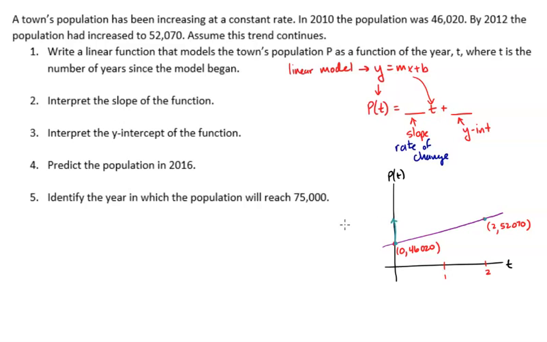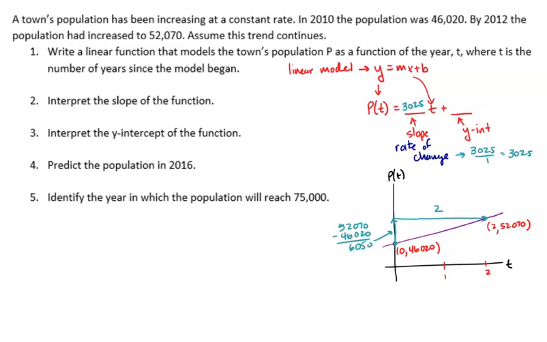So this upward movement is 52,070 minus 46,020, which is 6,050. It's going up 6,050 when it goes over by 2 years. So every 1 year that it changes, it's going up 3,025. Our slope, our rate of change, would be 3,025 people for every 1 year, or just 3,025. So that's going to go in here, 3,025.